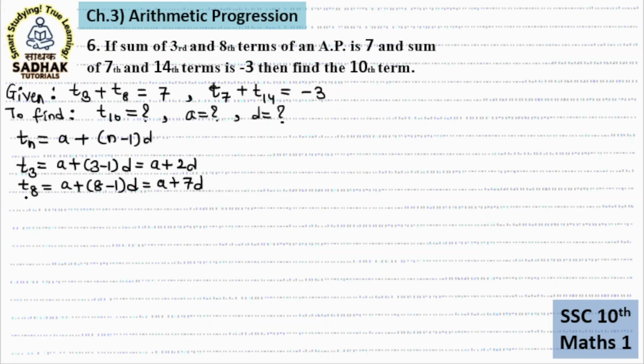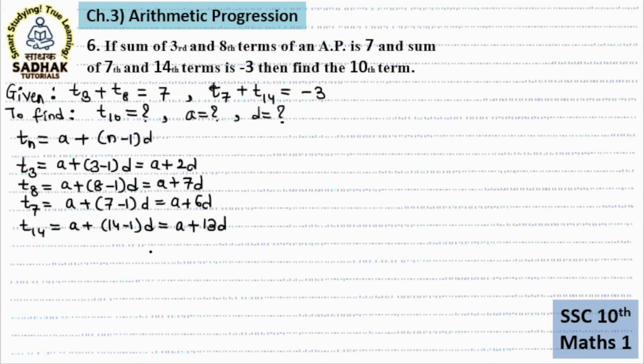Okay, T7, the seventh term, will be a plus 7 minus 1 d, that is a plus 6d. And T14, the 14th term, will be a plus 14 minus 1 d, so that will be equal to a plus 13d.